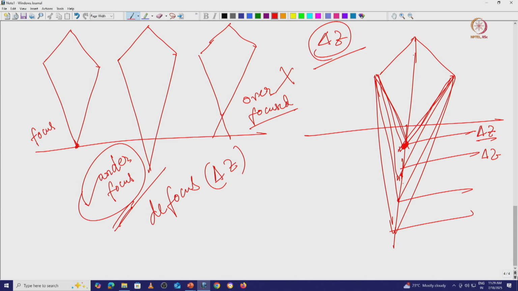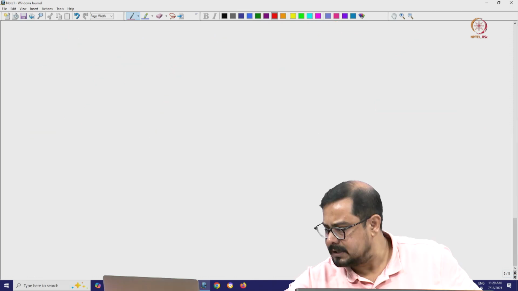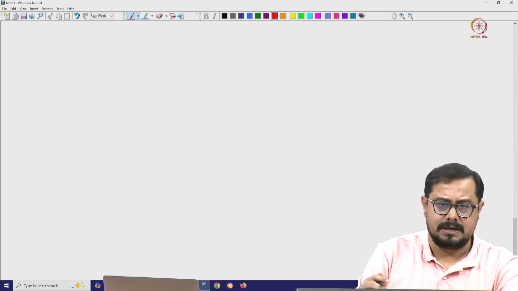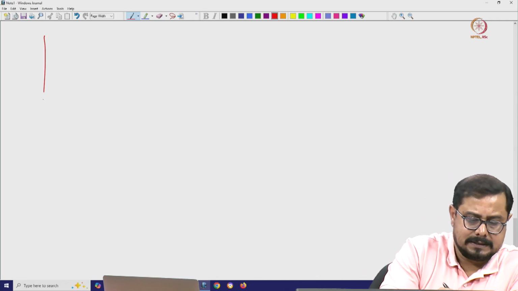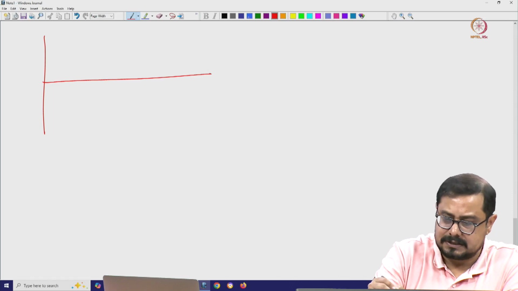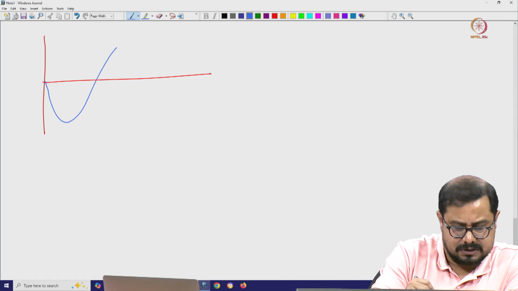Okay, how is this contrast transfer happening? Let us consider how the contrast transfer function plays an important role. I will first draw this contrast transfer. So, this is our contrast transfer.